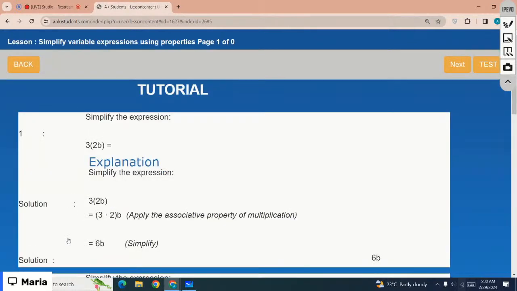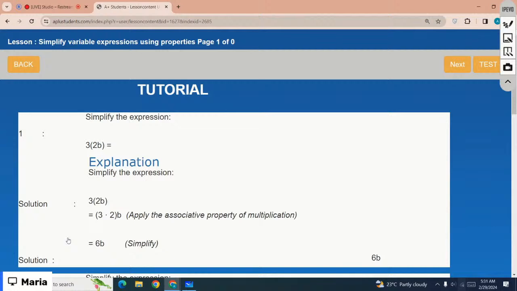Okay, simplify 3 times 2b. So you have to see which property to apply, right? So 3 times 2b is, yes, 3 times 2 is 6, so 6b.